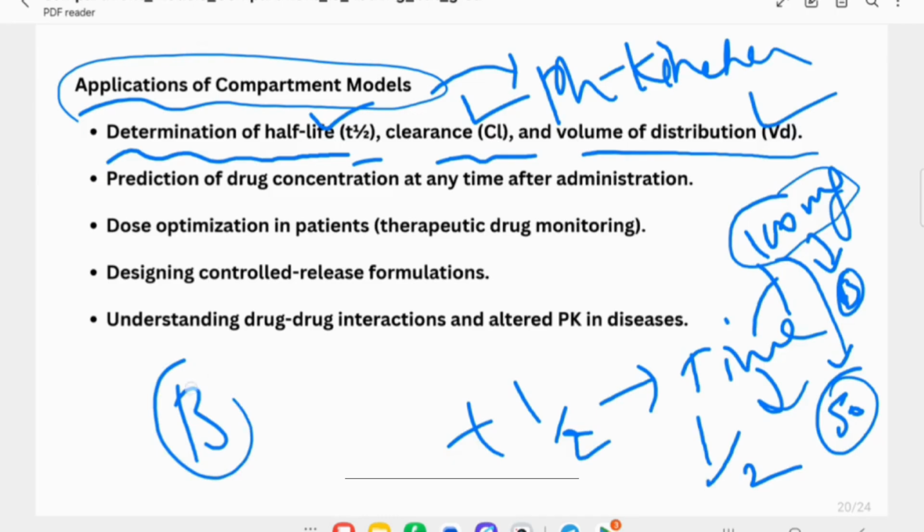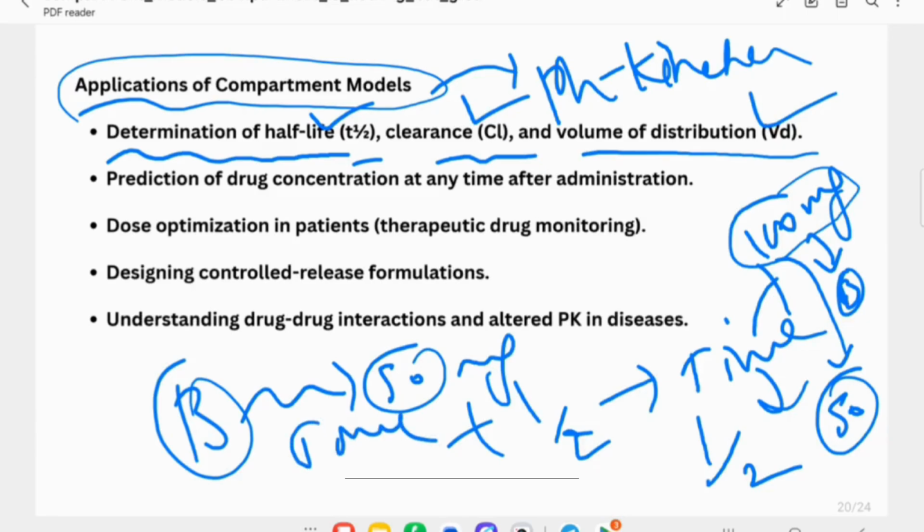The time taken to eliminate 50 mg, that is half of the drug, from the body is called T half.